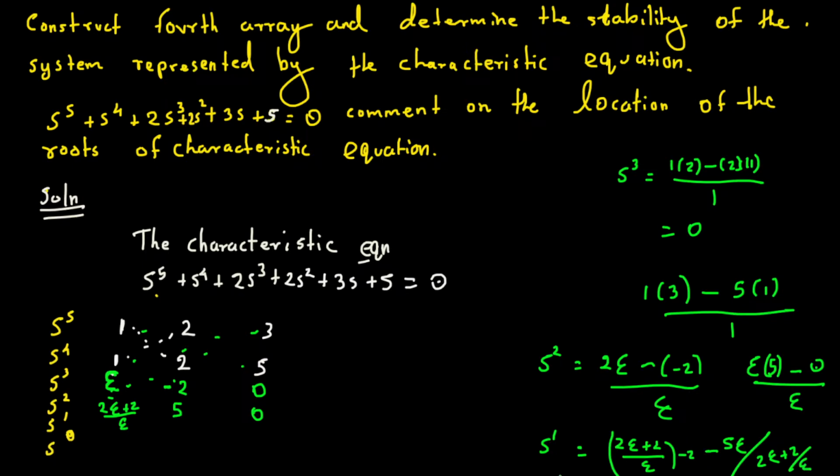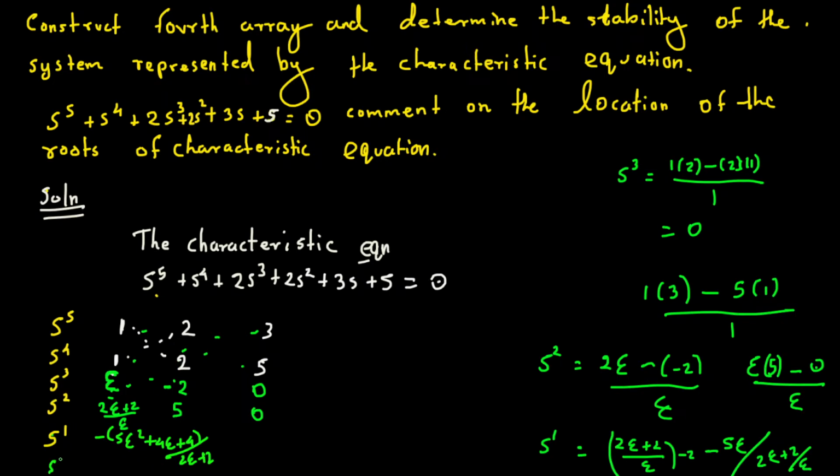Okay, if you simplify this one, you have to do the calculation, and you're going to end up having, I'm writing for s power 1, negative 5 epsilon square plus 4 epsilon plus 4 divided by 2 epsilon plus 2. Okay, that is for the s power 1.